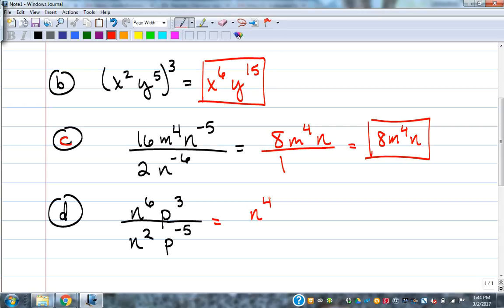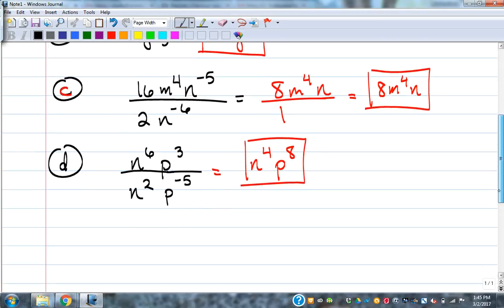That goes on top. And then on the p's, we have p to the 3rd and p to the negative 5. So 3 minus negative 5 would be p to the 8th. Still goes to the numerator. What's left in the denominator? Nothing, but it's a 1 in the denominator. So if that ever comes up, there's really a 1 over there.